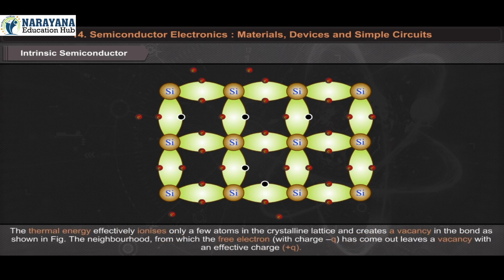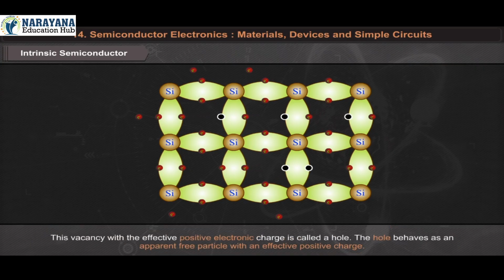The thermal energy effectively ionizes only a few atoms in the crystalline lattice and creates a vacancy in the bond, as shown in the figure. The neighborhood from which the free electron with charge -q has come out leaves a vacancy with an effective charge +q. This vacancy with the effective positive electronic charge is called a hole.